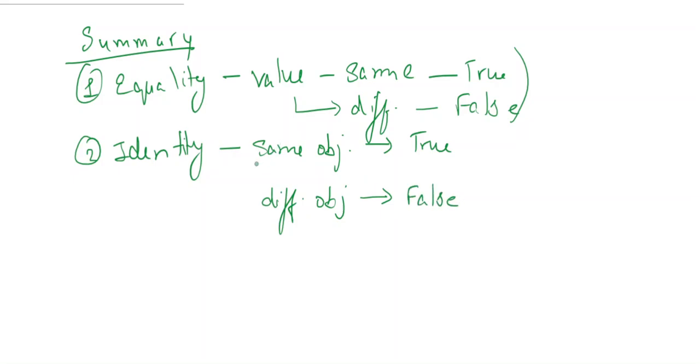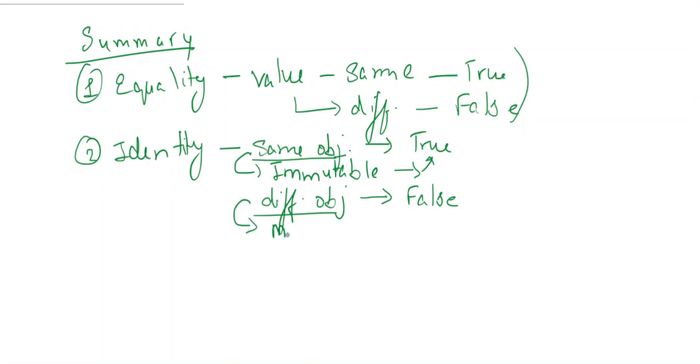And for figuring out whether it will be the same object or a different object, we have seen that if it is an immutable object that we are talking about in the question, then it will be the same copy. It is only a single copy that Python will create. So it will be the same object that both the variables refer to. So in this case, it will always return true.